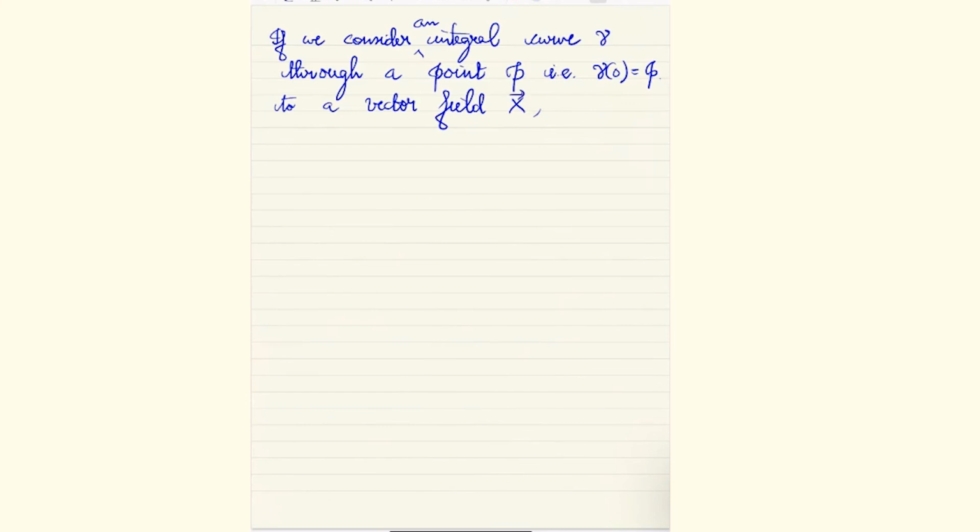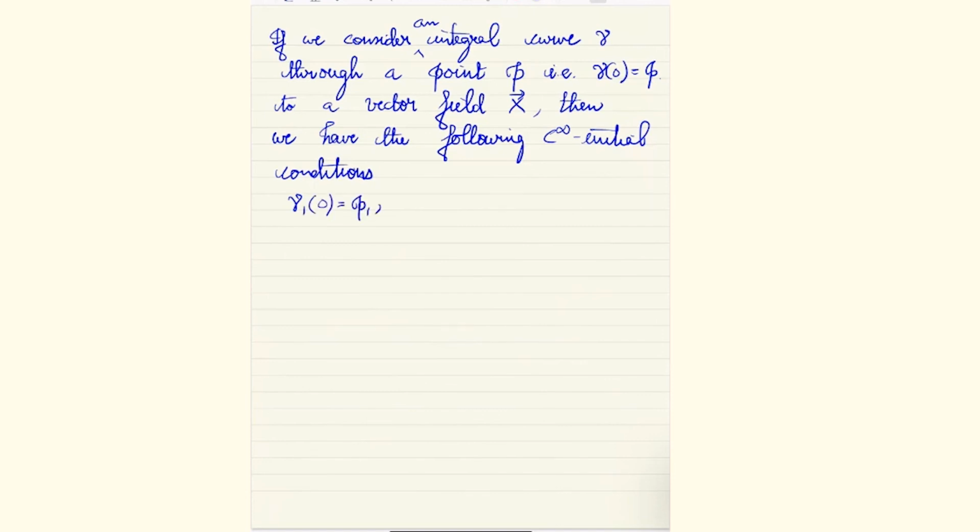For an integral curve through a point to a vector field X, we then also have smooth initial conditions for the system of differential equations. What are these initial conditions? Because you asked that gamma of 0 is P, you write it component-wise: gamma 1 of 0 is P1 and so on until gamma (n+1) of 0 is P(n+1).